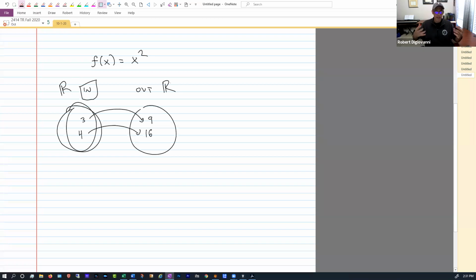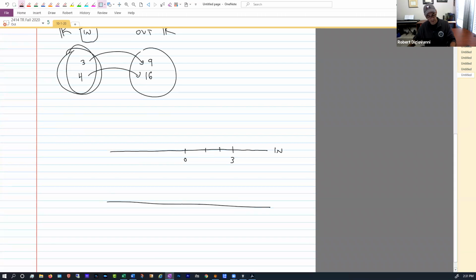So I can visualize the input on a number line. Here's my input. Here's 0, here's 3. 3 is my input. Now my output, I can visualize that on a number line also. The output went to 9. So that 3 gets sent to this number 9.